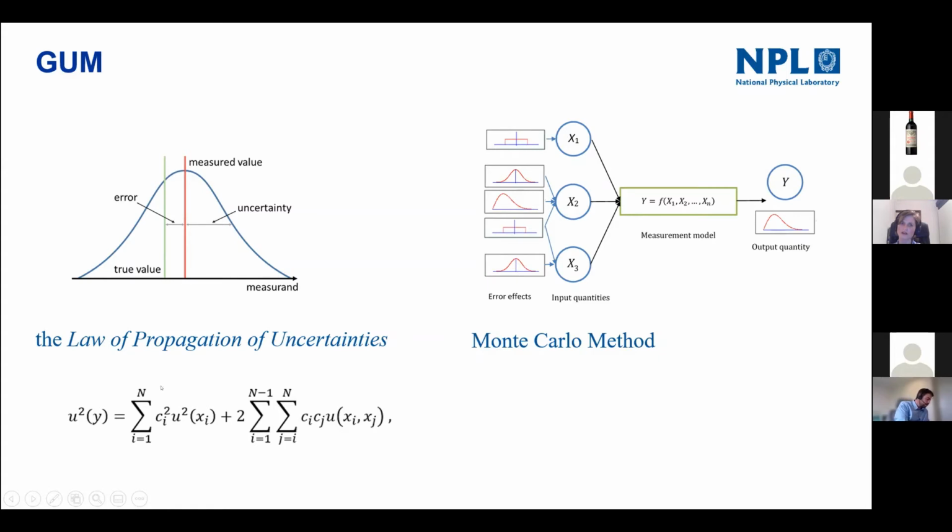And then rather than calculate sensitivity coefficients for that function, we run the measurement many times, randomly drawing from each distribution to create the probability distribution of the output uncertainty.